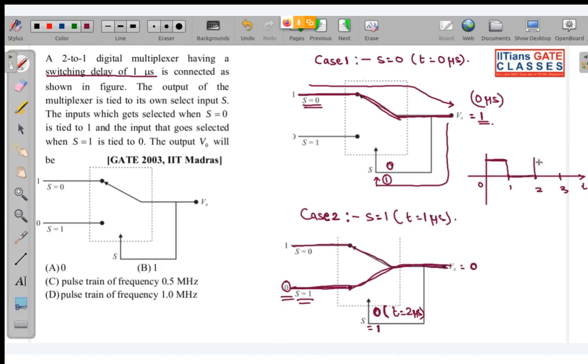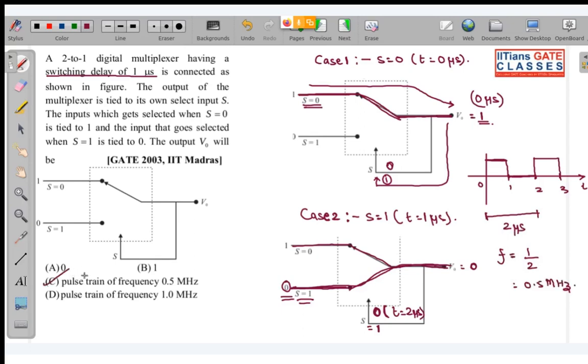Again, this will become 1, and this cycle will go on. So the output V naught will be what? They are asking: pulse train of frequency 0.5 megahertz, or pulse train of frequency 1 megahertz. The time period, you can see, is 2 microsecond. So frequency will be 1 divided by 2, that is 0.5 megahertz.